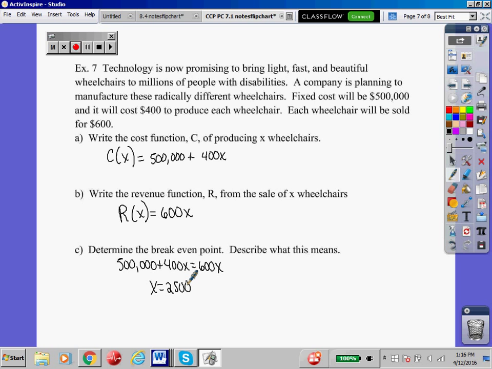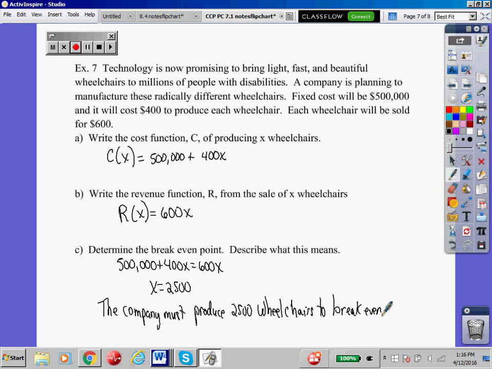See if that's what you're getting. So what does this mean? This means the company must produce 2,500 wheelchairs to break even. Sell them. Yeah, actually sell them.